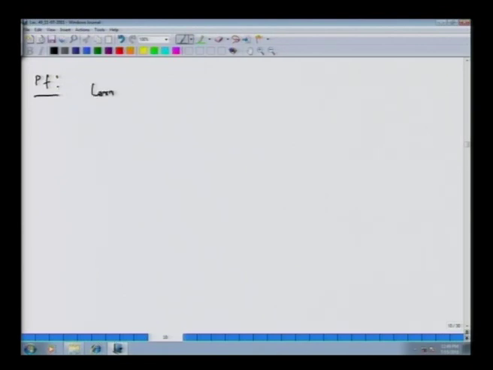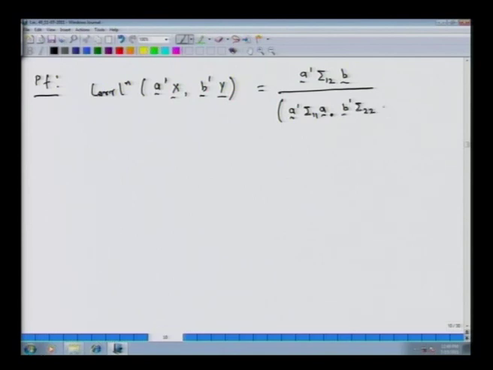So, we will actually prove this result, and in order to do that, let us look at the correlation between linear combinations A prime x and B prime y. As we have seen, this is equal to A prime sigma 12 times B, divided by A prime sigma 11 times A, multiplied by B prime sigma 22 times B, this raised to the power half, right.